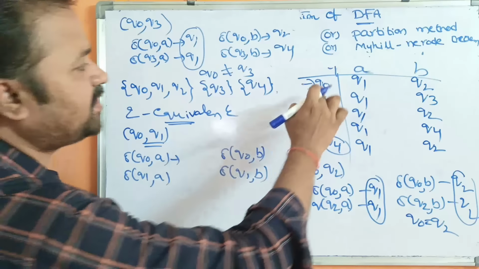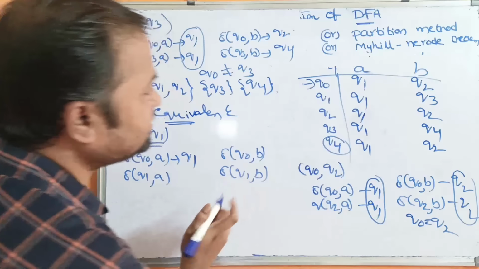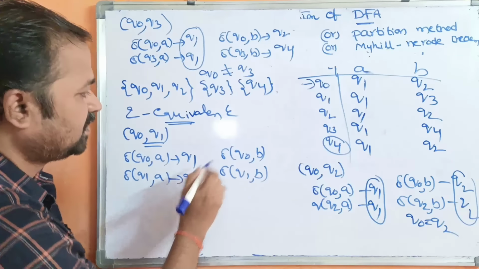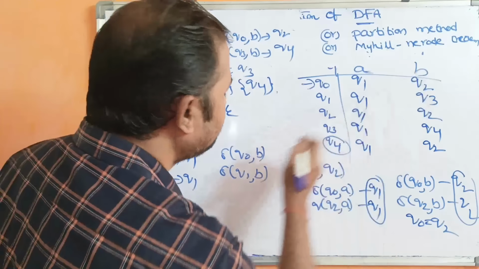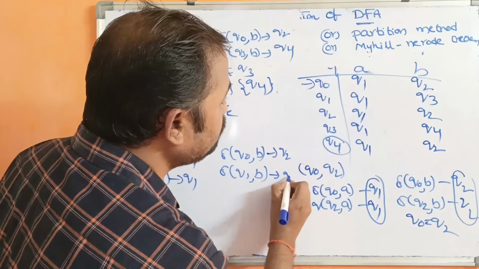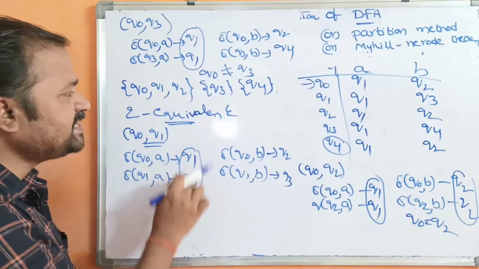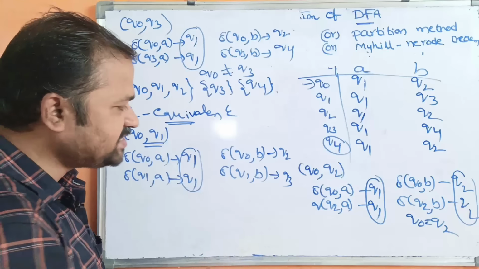So what is Q0 on A? Q0 on A means Q1. Q1 on A means Q1. Next, Q0 on B means Q2. Q1 on B means Q3. Here we have only one state, that is Q1. Q1 is present in only one set, so there is no problem.